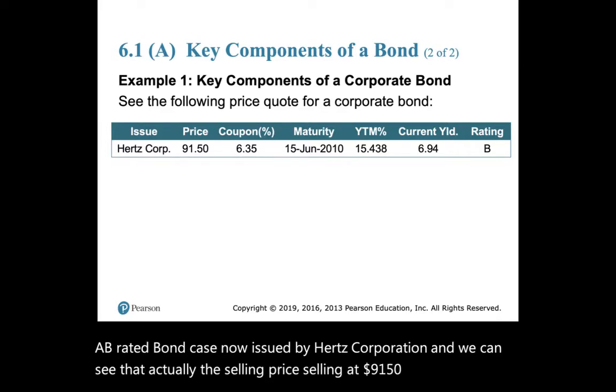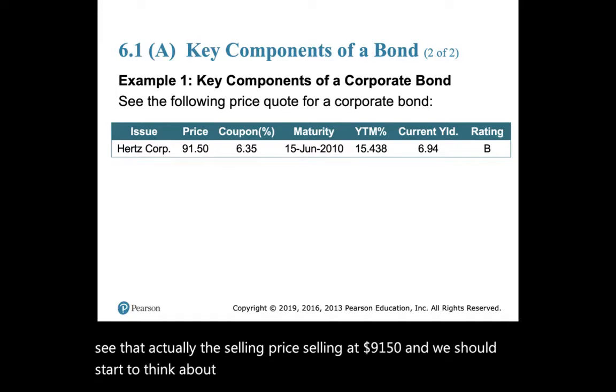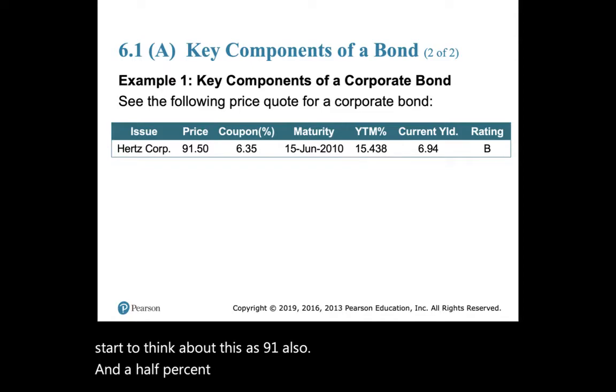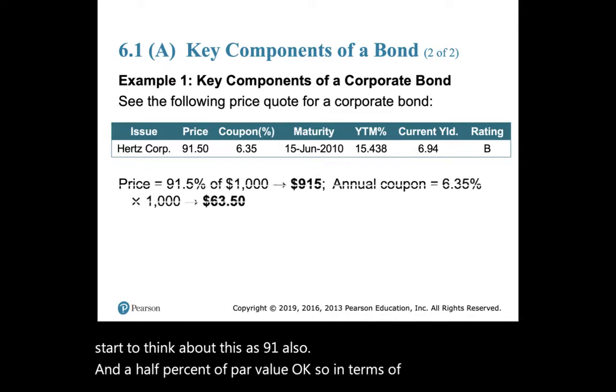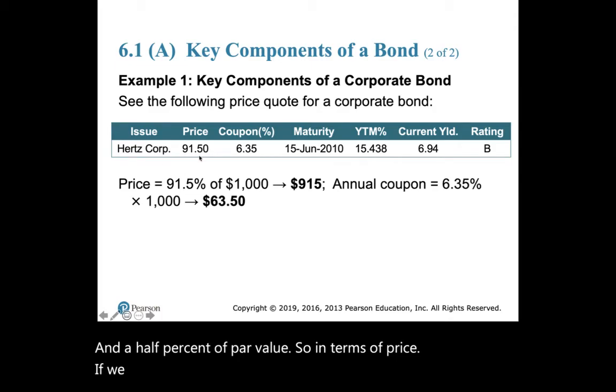And we should start to think about this as 91.5% of par value. Okay, so in terms of price, if we figured this is 91.5% of par, think of it as the price is $915.